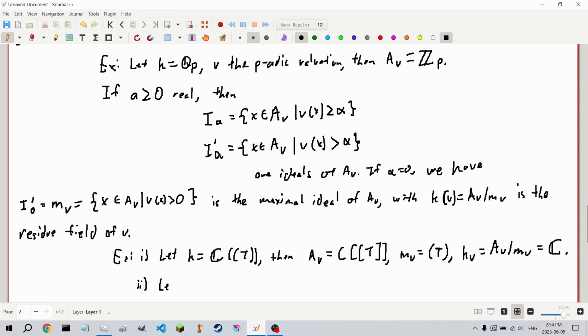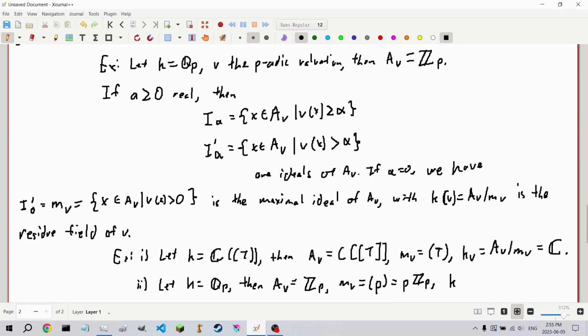Here, we're going to let K be the p-adic numbers. Then our valuation ring is going to be the p-adic integers. Our maximal ideal is going to be generated by p, so this is going to be p times Z_p, componentwise of course, is that multiplication.